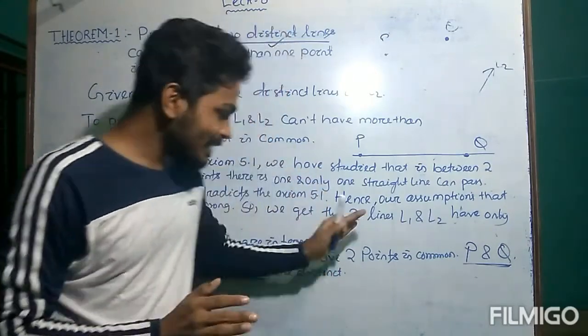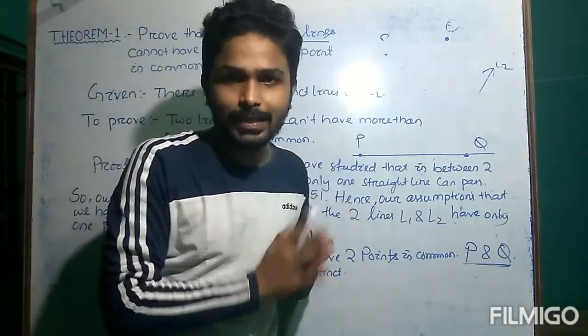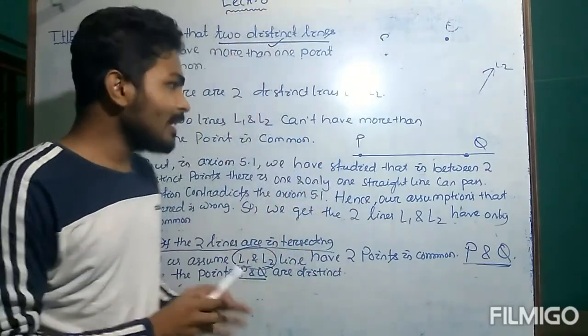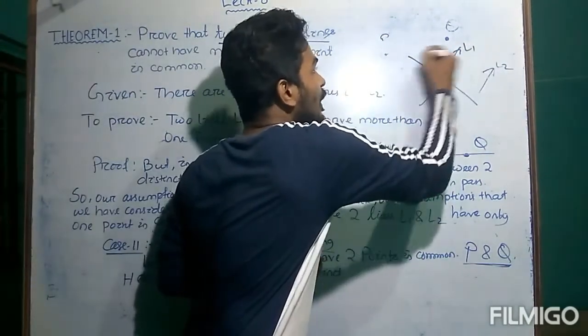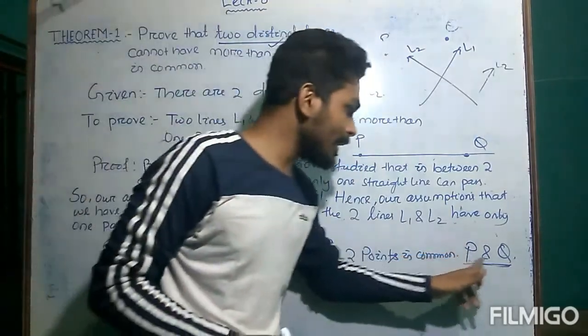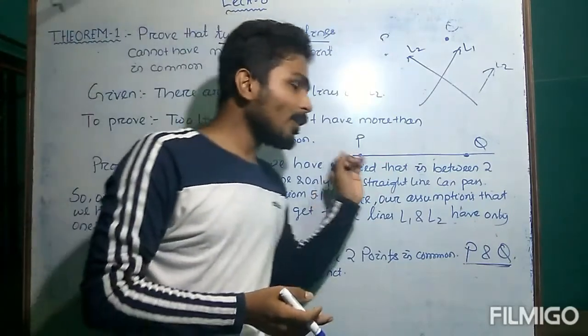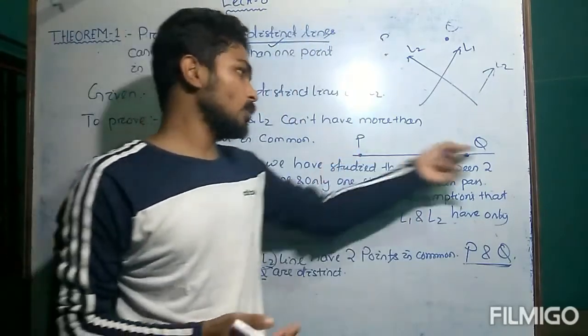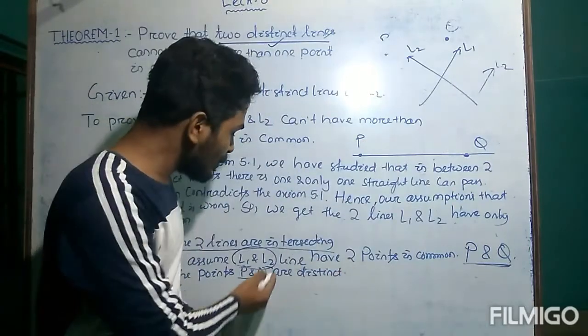Now understand it. This is the contradiction method. In this method you first assume a false statement. Here we assume that the two lines L1 and L2 have two distinct points of intersection like P and Q. So P and Q are the two distinct points. But according to the axiom, through two distinct points you can draw only one straight line. But here you have two straight lines.